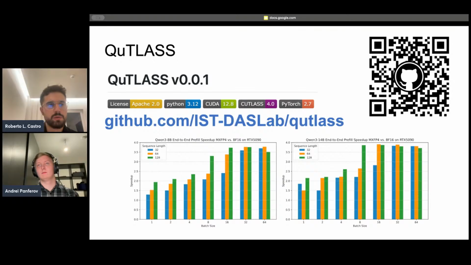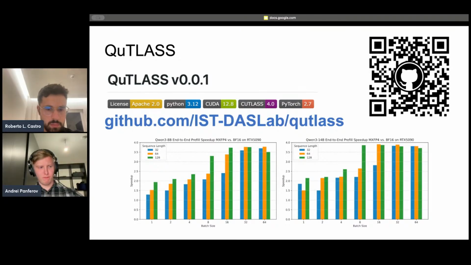We already included a bunch of kernels for the forward pass on this GitHub repo, not only for this Quartet paper, but also for some PTQ project. And we continue working on optimization on the inference, but also on the backward pass.